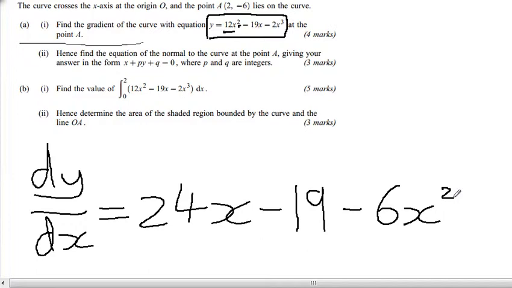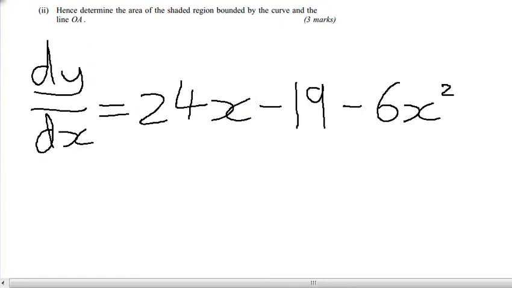So find the gradient for the curve at the point A. So the point A has an x coordinate of 2 and a y coordinate of minus 6. So we're only interested in the x coordinate of 2. So let's substitute 2 into there.